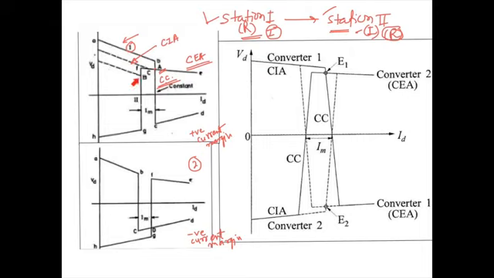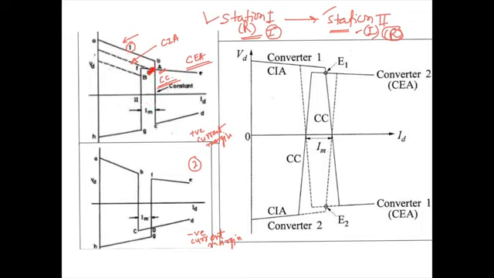And point B represents that the inverter is operating in constant current mode while the rectifier is operating in constant ignition angle mode, where the input voltage has reduced drastically.